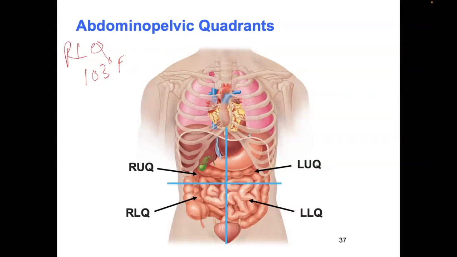This is why knowing your anatomy is important. So pain in the right lower quadrant, they have a fever, they have a high white blood cell count. What's going on here? Well, what is this thing called right there? That's called the appendix. So maybe they have appendicitis or an appendix that ruptured.